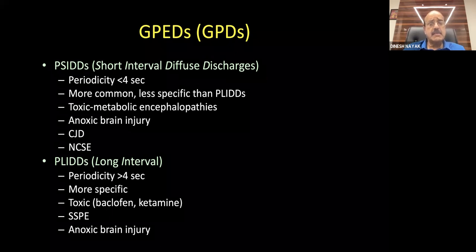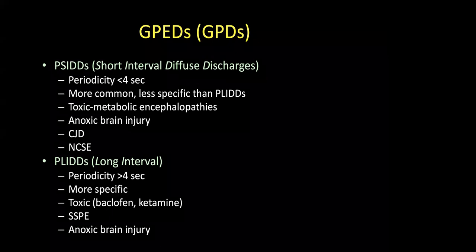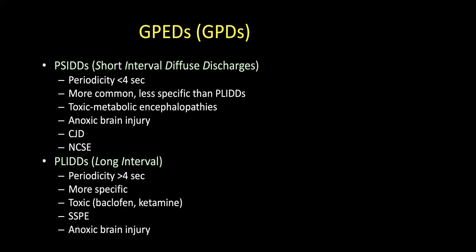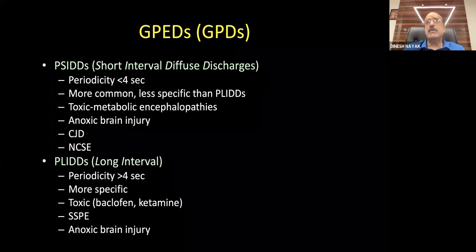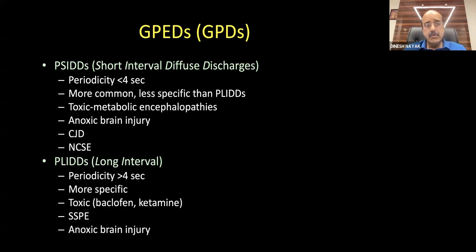SSPE is the classical. Toxic causes like baclofen, ketamine, and sometimes anoxic encephalopathy, which is usually short interval but sometimes can produce long interval.